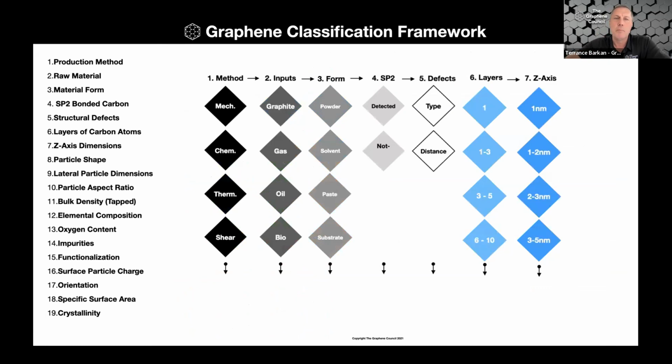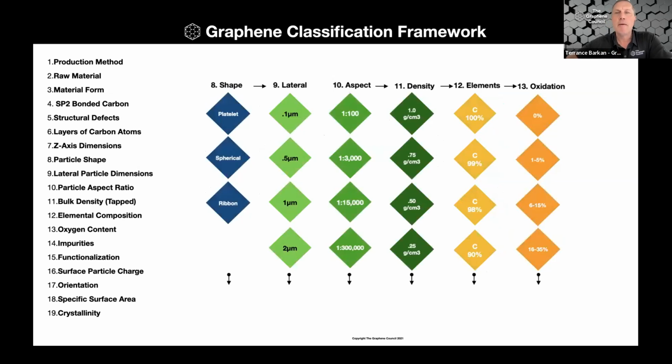So for example, a mechanical exfoliation that might use graphite that results in a powder form of the material. And then you have additional tests that follow to interrogate the material. sp2 bonded carbon is a level of defect, a layer count, lateral access, vertical access of the material, etc. So you have all these different measurands, which also should make it crystal clear to everyone.